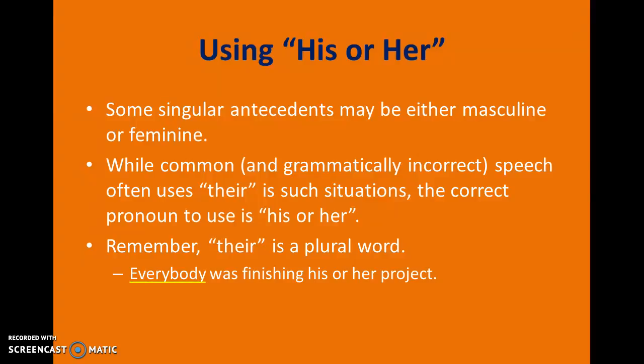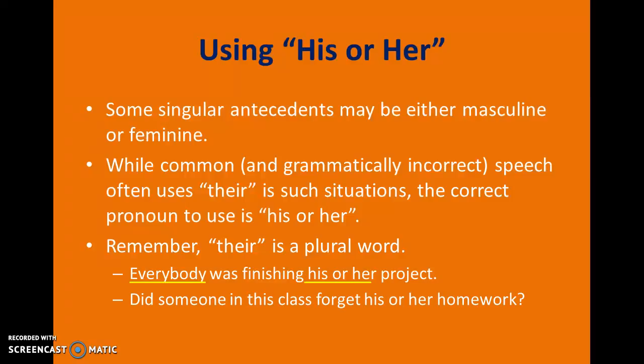Okay, so you see our subject again is everybody, and the correct pronoun to use would be his or her. Because you're using it for a subject that is singular and a person, but does not have an obvious or clear gender, you always want to use his or her.